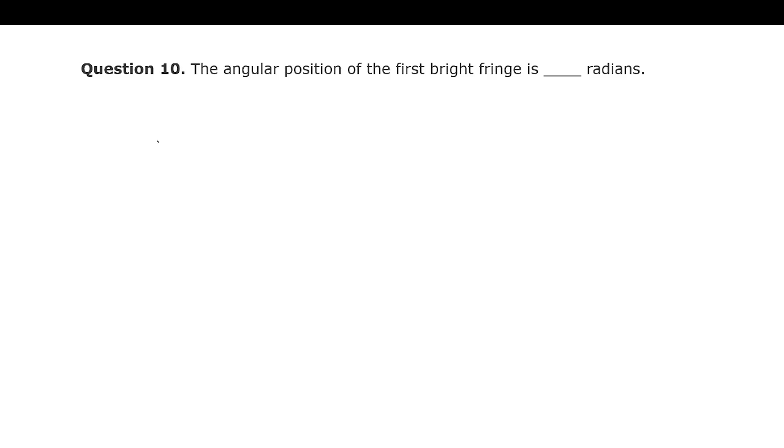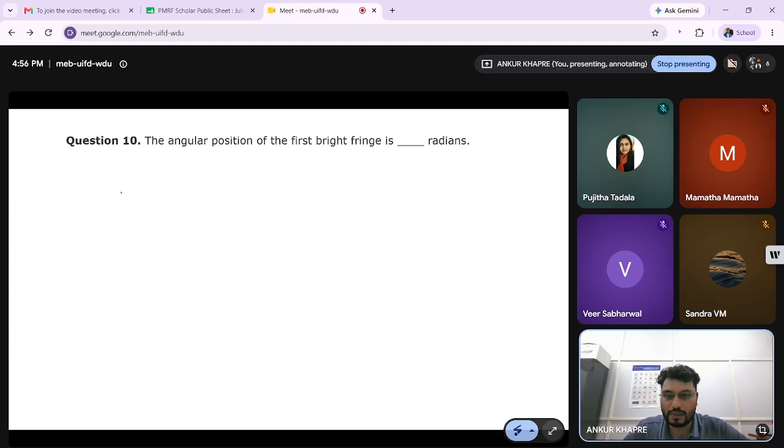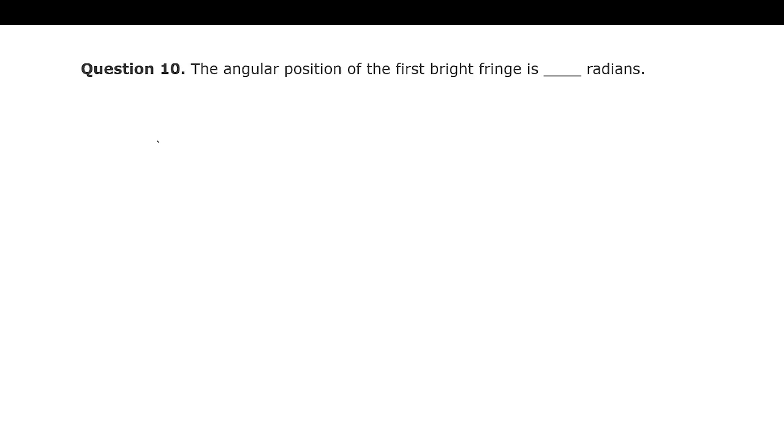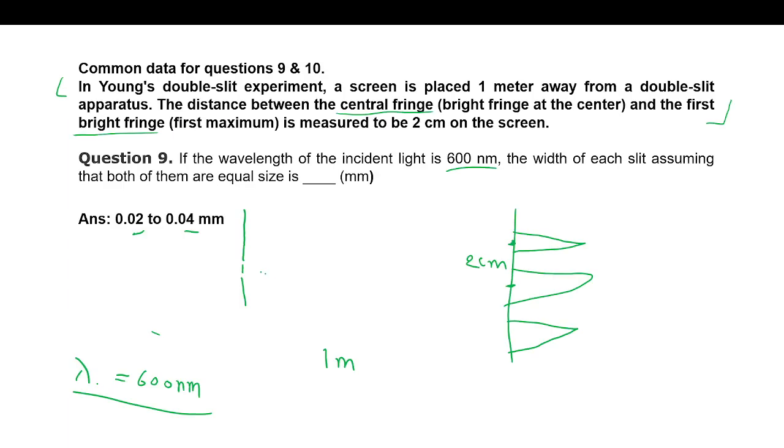The angular position of the first bright fringe is in radian. You need to say radians. Could you please answer it? I think you need to calculate this one.